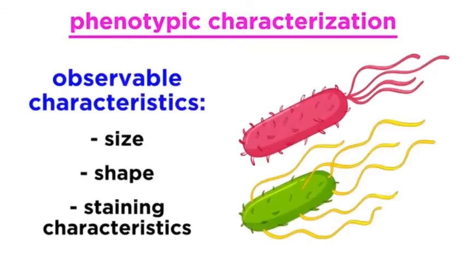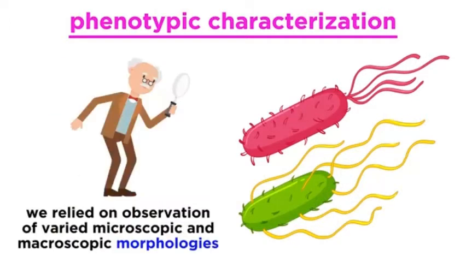First, let's talk about phenotypic characterization, meaning the set of observable characteristics of bacteria. Those are size, shape, and staining characteristics. Before we had the advanced technology we have now, scientists relied on observing microscopic and macroscopic morphologies of bacteria.